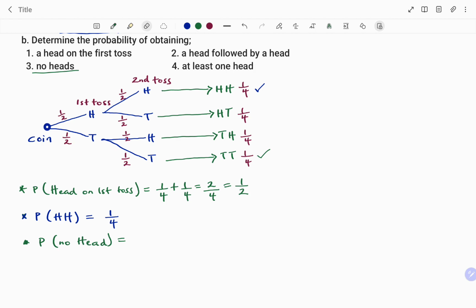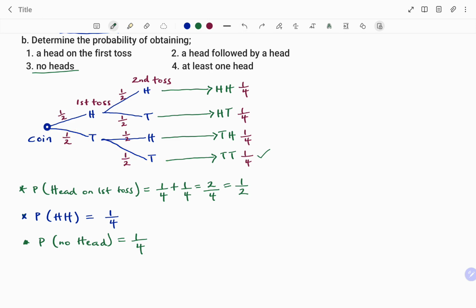And that's 1 out of 4. Note that we can also find out the value by multiplying what we have on our branches. So for tail and tail, we have 1 out of 2 times 1 out of 2, which will also give us 1 over 4.